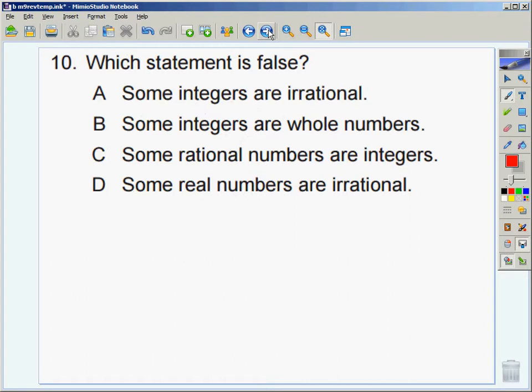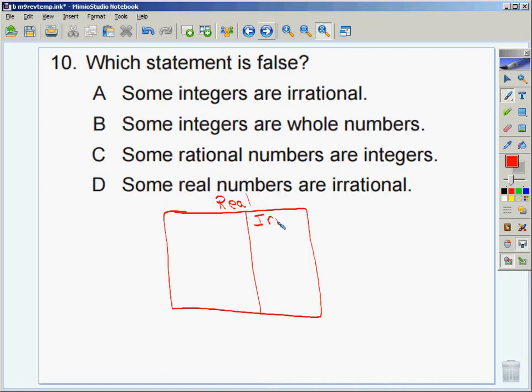Which statement is false? Some integers are irrational. Again, if you remember what our Venn diagram looked like, everything was real. We had irrational, and we had rational. Inside of the rationals, we had integers.